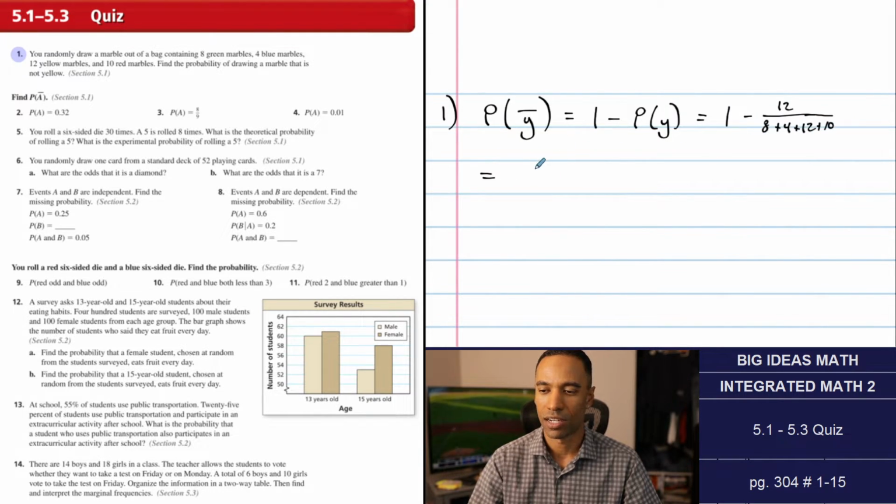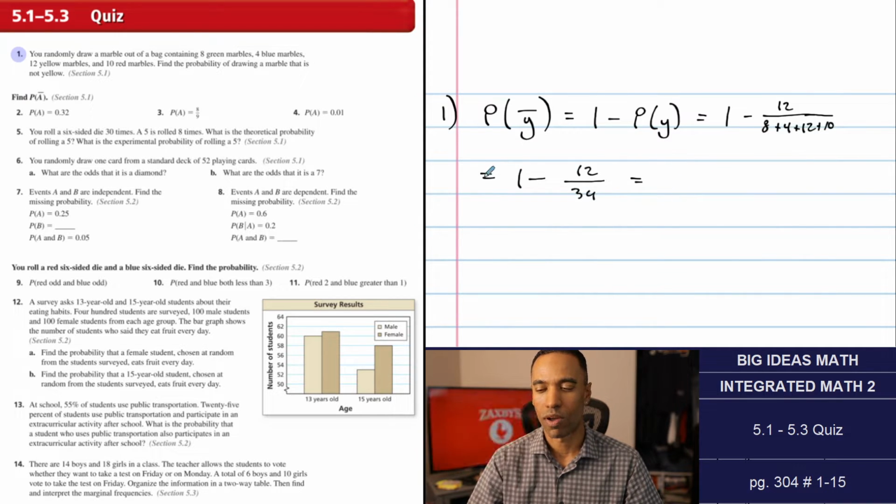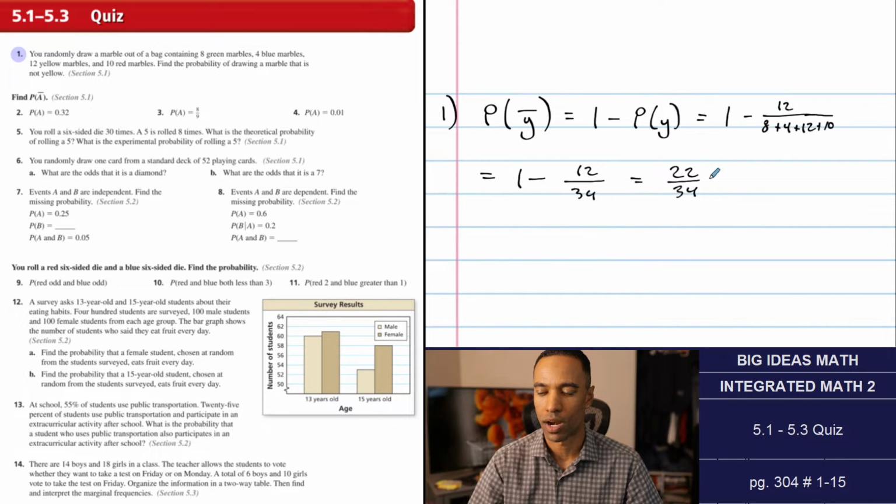So we're looking at 1 minus 12 over 34. That's 34 over 34 minus 12 over 34, and 34 minus 12 is 22. So 22 out of 34 is that value, and I can reduce that fraction to 11 out of 17.